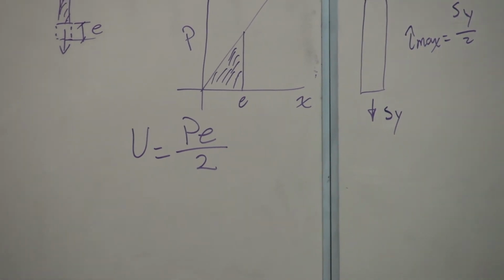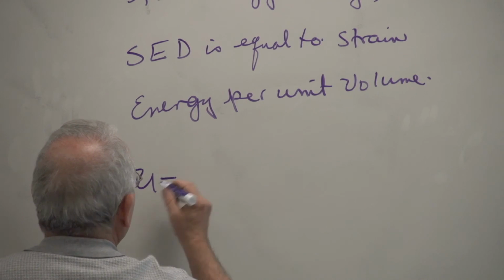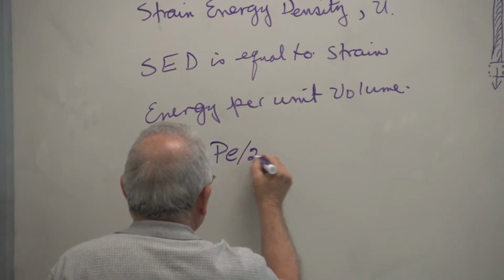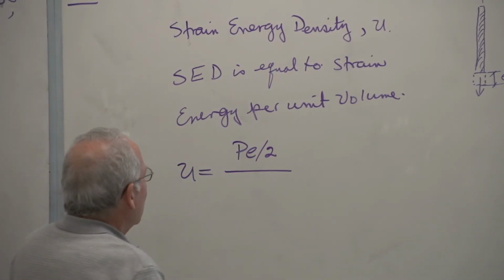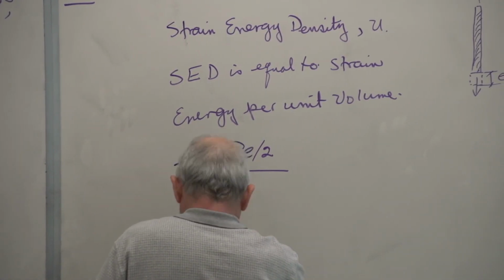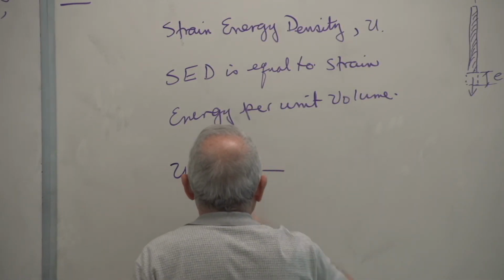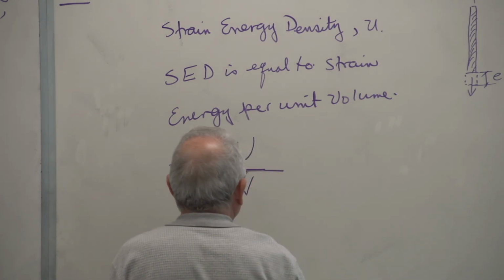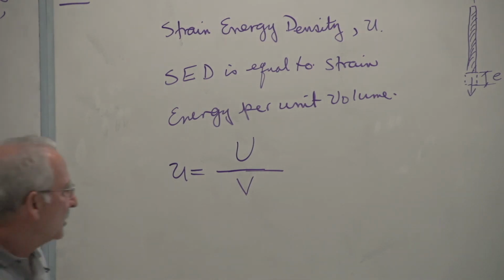Therefore, the strain energy density in this case can be found by saying that the total energy put into the material, write it as U over V. U divided by volume will give you the strain energy density.